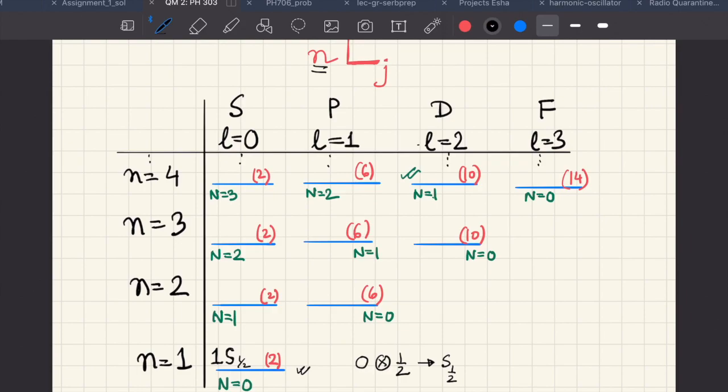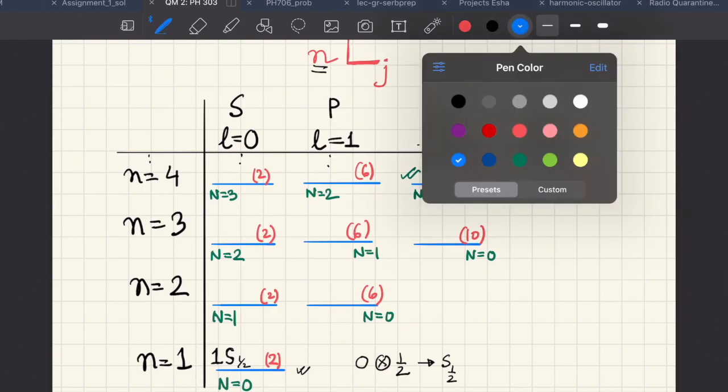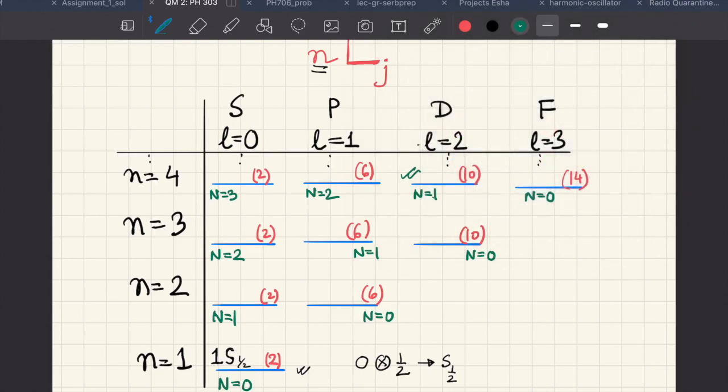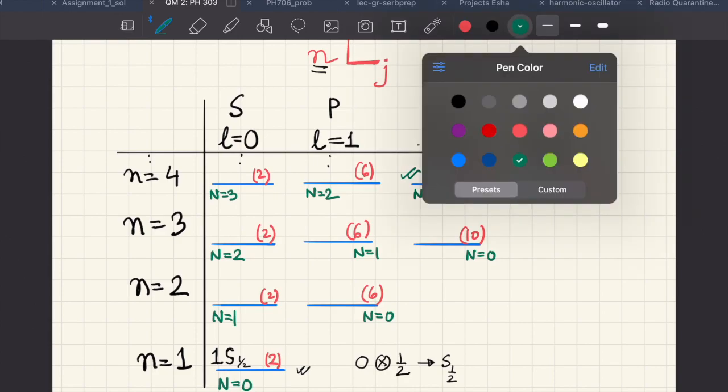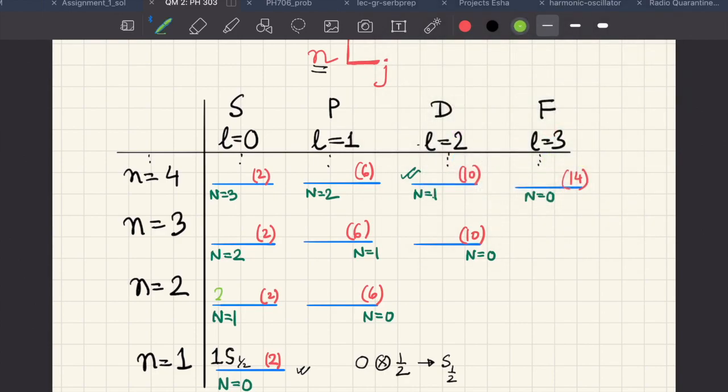This is therefore the same story here also. Here also it will be n equal to 2, and this will be S because l equal to 0, 2S half. This will be 3S half. This will be 4S half, like this.